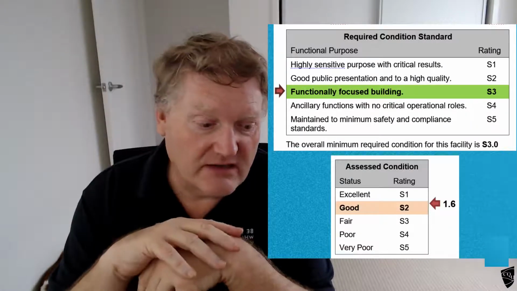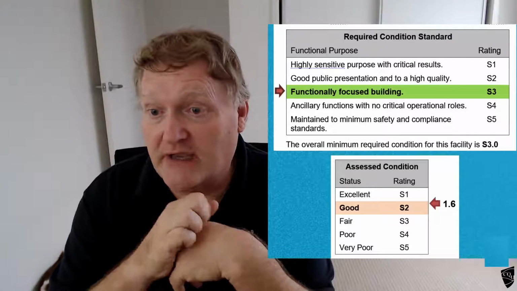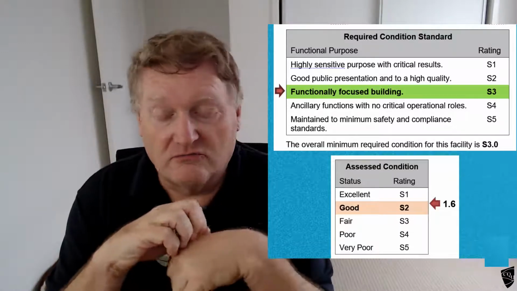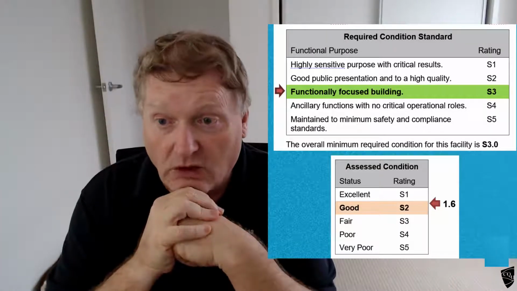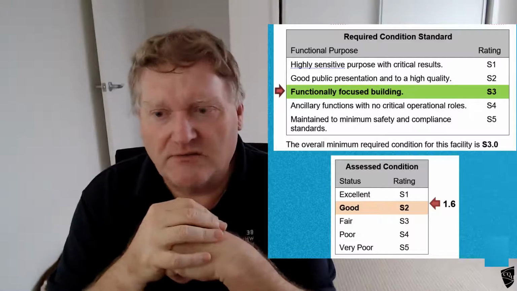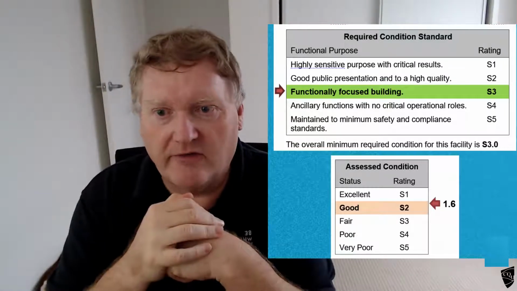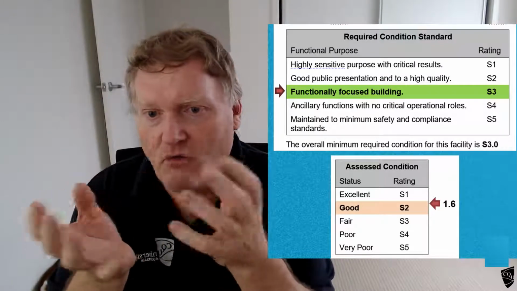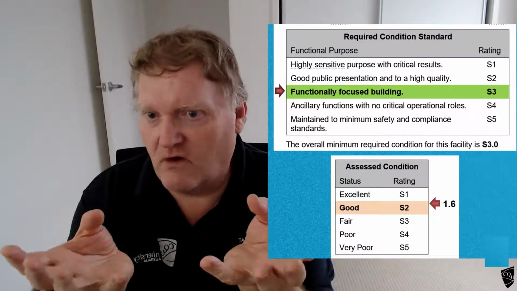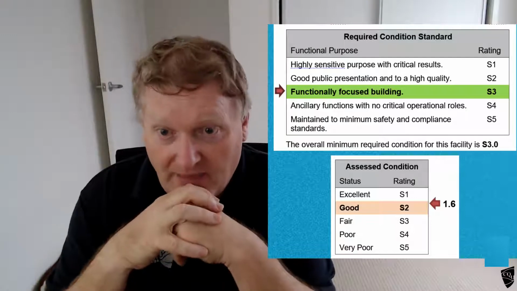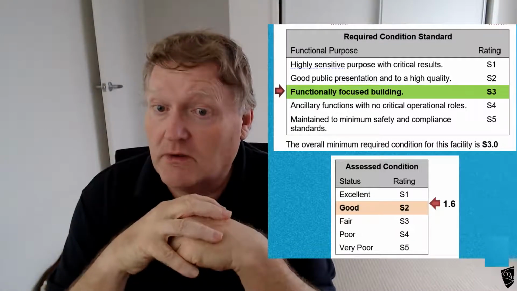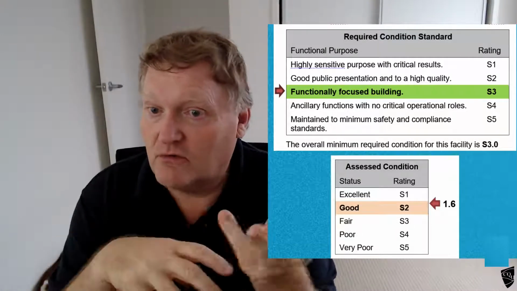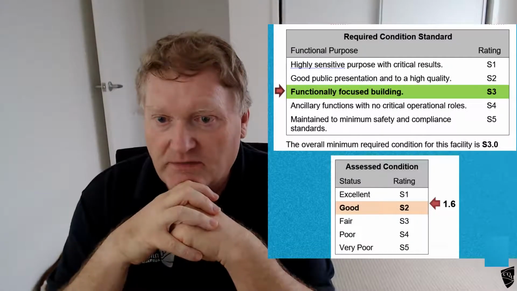And then you get to storage sheds or something where the public don't go and very limited staff go there, and they're normally trained for that area, then that could be a minimum safety and compliance. So you're almost mothballing something for an S5, and that would possibly be a demolition as well, but you've got to keep it safe until it's removed, so that's an S5.